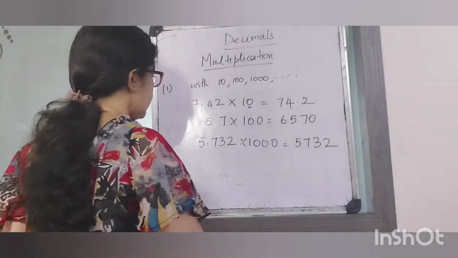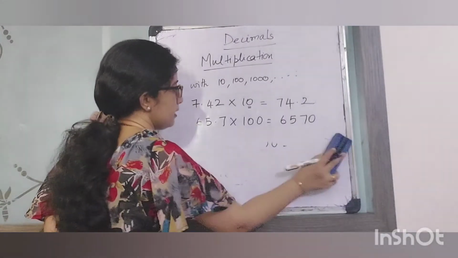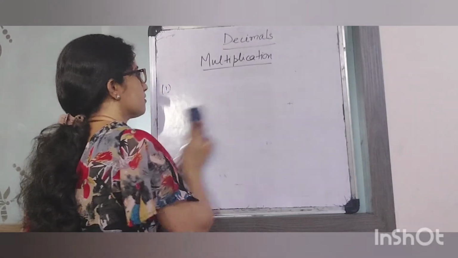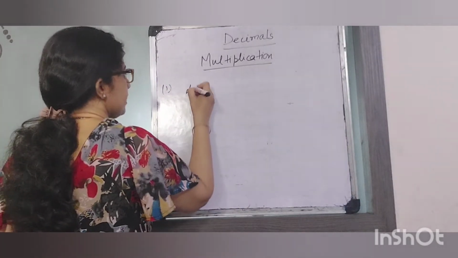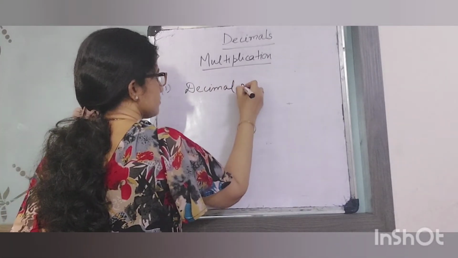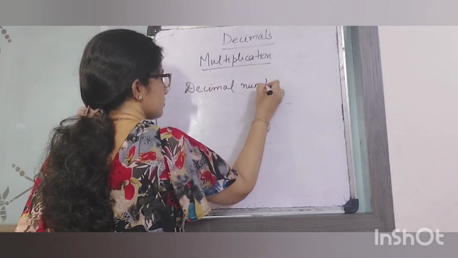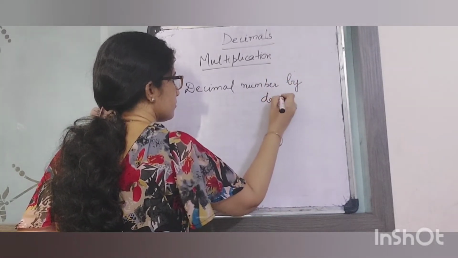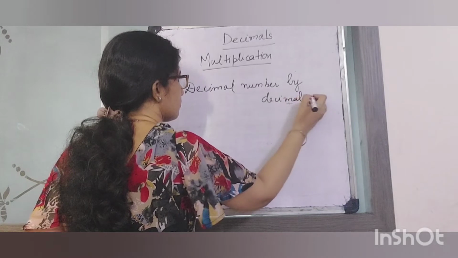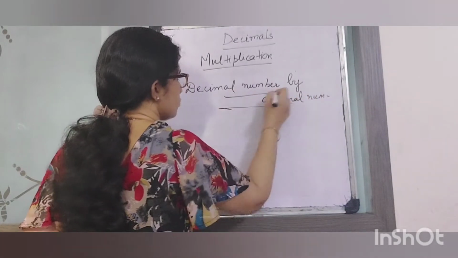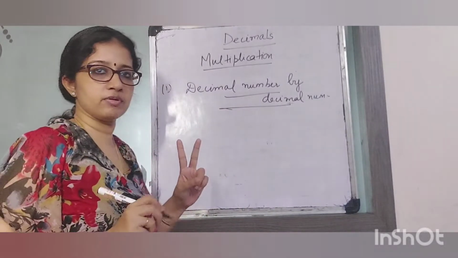Okay. Now let's go on to the next part, which is multiplication of a decimal number by another decimal number. Okay. So multiplication of two decimal numbers. Okay.